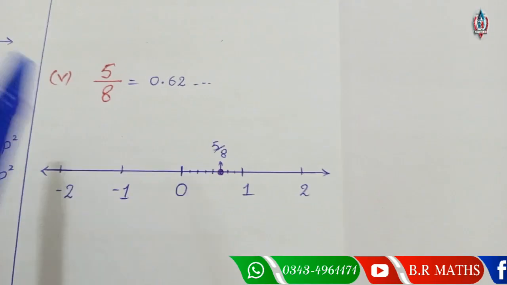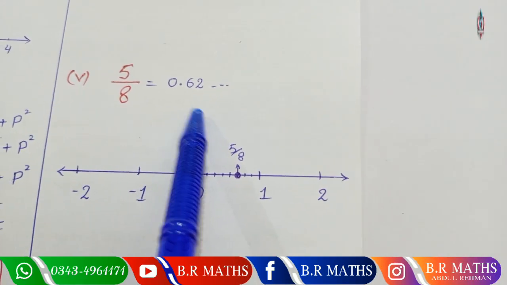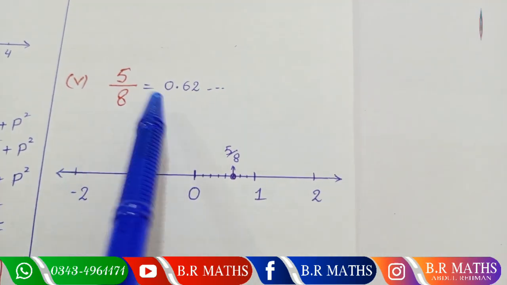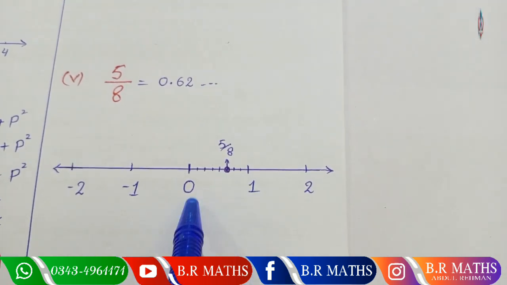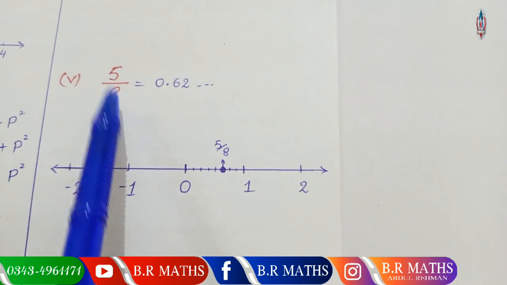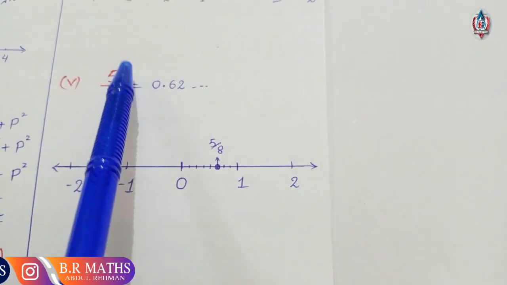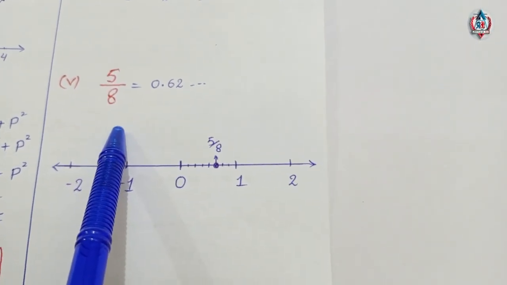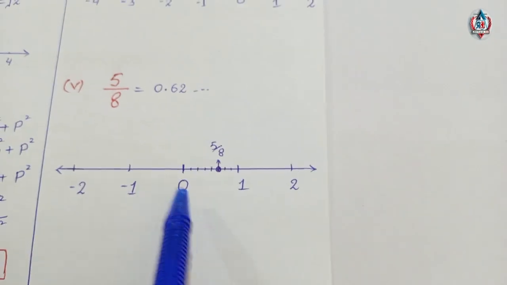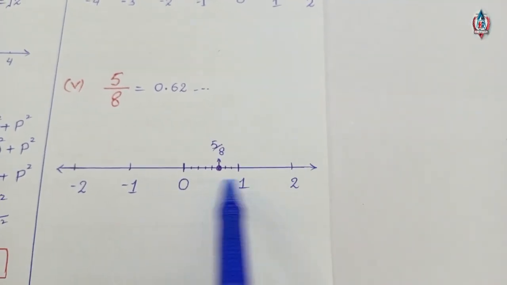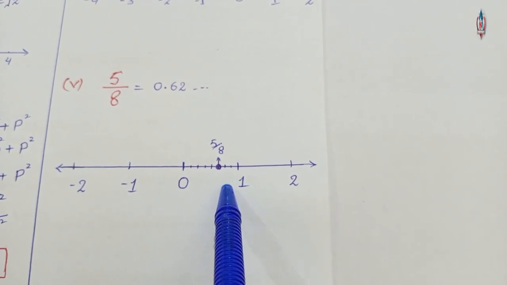Similarly, the next part is 5/8. In decimal, 5/8 is 0.62. This is a positive number, and from 0 to 1, first locate the position of this point between 0 and 1. 5/8 means the denominator is 8, so divide the whole distance between 0 and 1 into 8 equal parts.